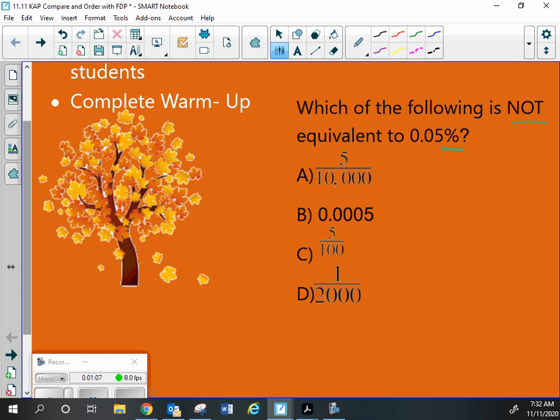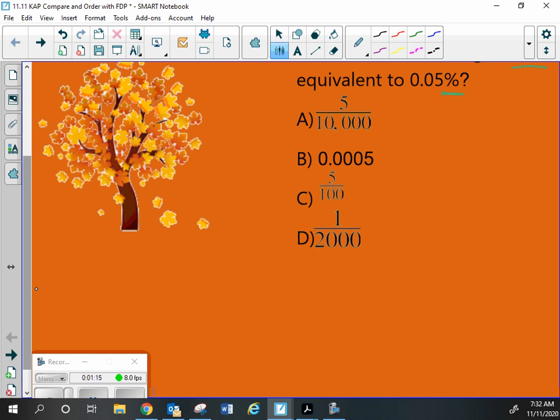Okay? So I notice that I have a lot of fractions and one decimal here. Again, three of these are going to be equivalent. So let's look at that percent. I'm going to change it to a decimal, 0.05%. If you remember, to change a percent to a decimal, because it's out of 100, you're going to divide by 100.